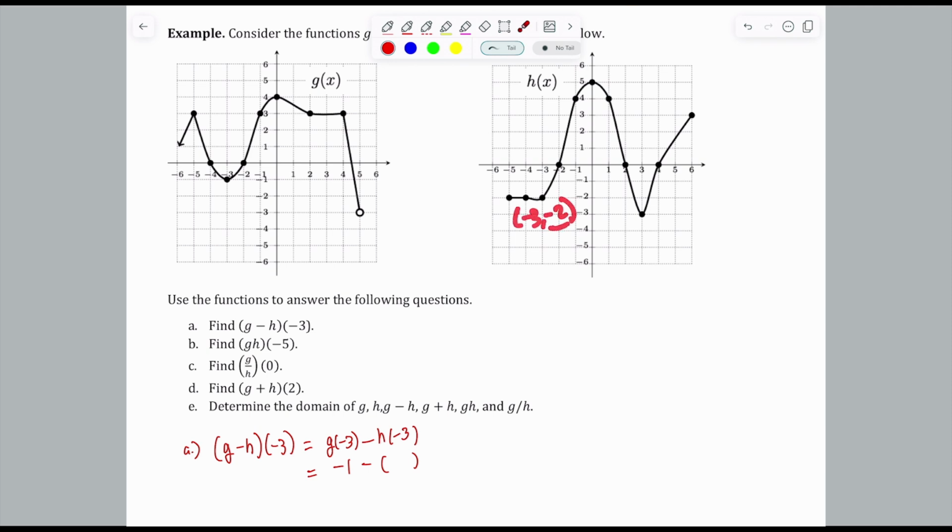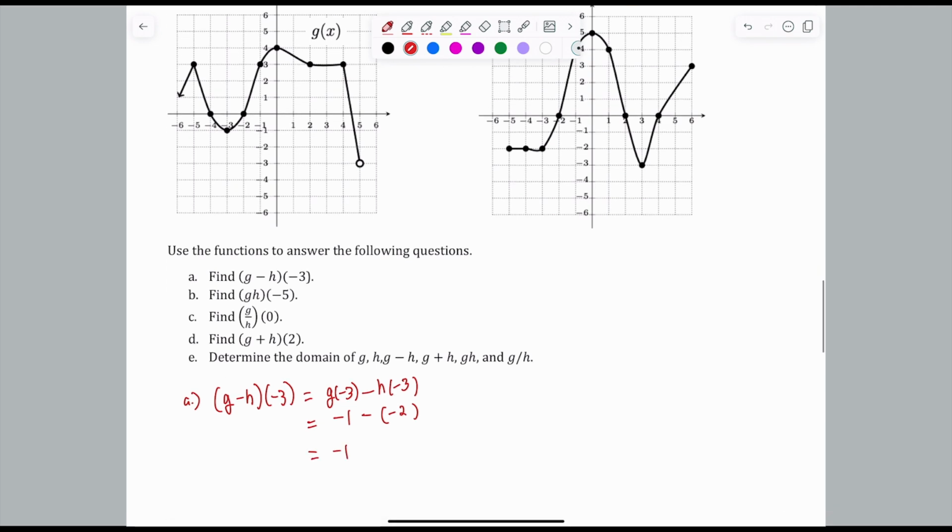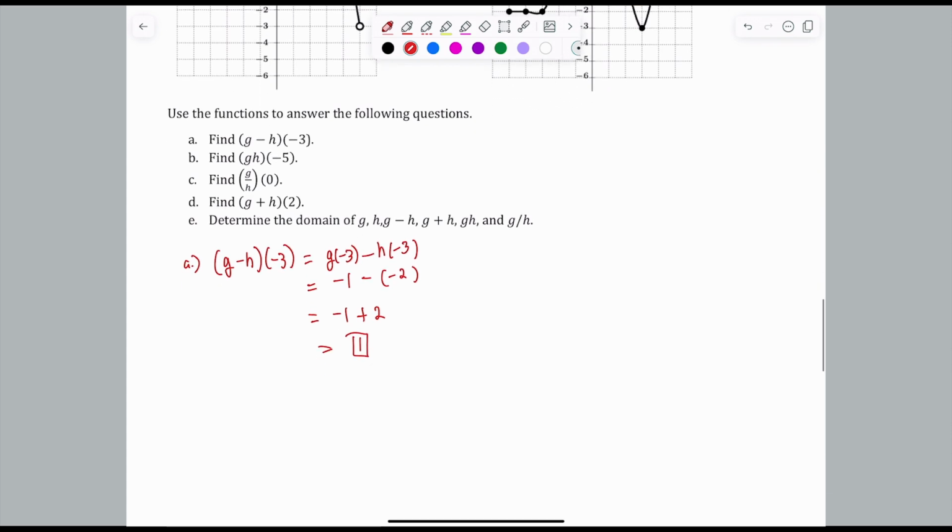So the output is -2. All right, so we get -2 there. Doing the number crunching there gives us -1 plus 2, which gives us 1. All right, so B, we want to find the product of g times h evaluated at -5.